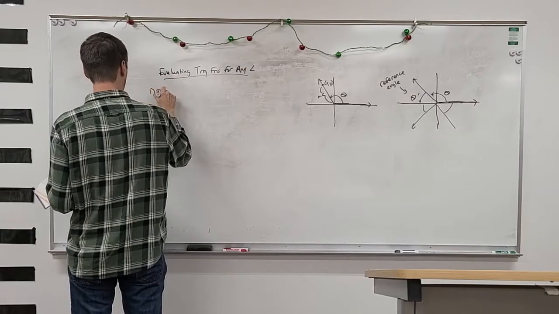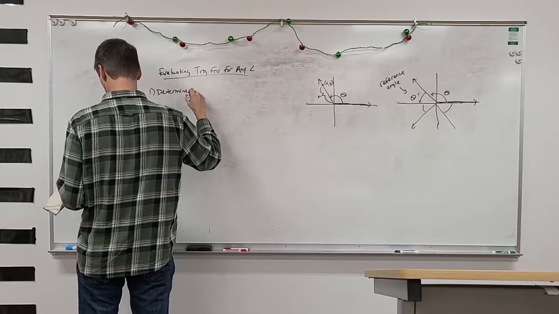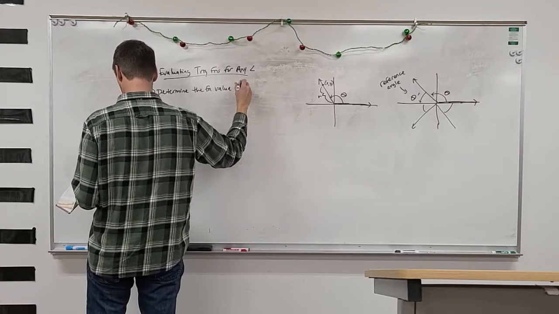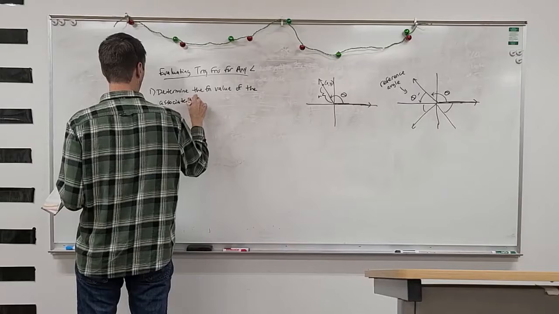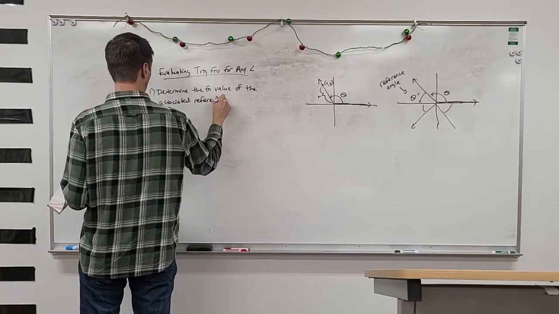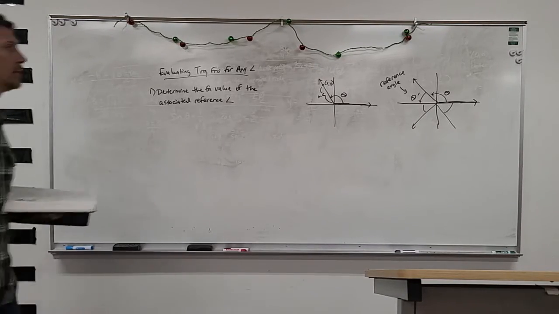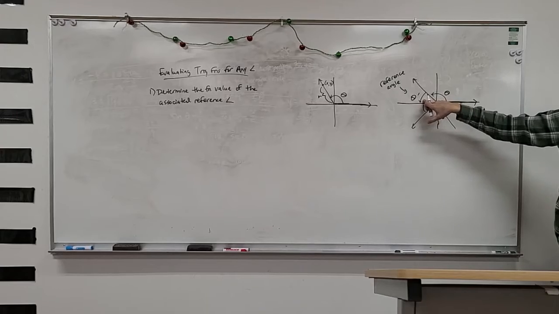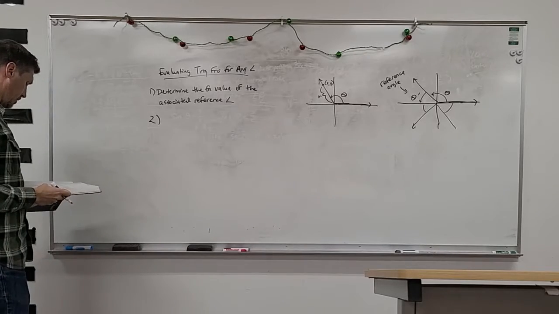Number one, determine the function value of the associated reference angle. So if I'm interested in finding the sine of this angle theta, then the sine of this angle theta is going to be the sine of this reference angle here. But we've got to put the appropriate sign on our answer.